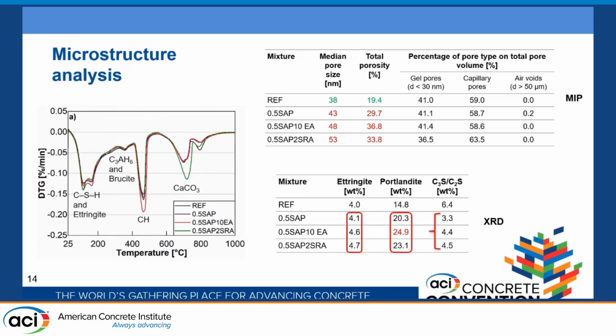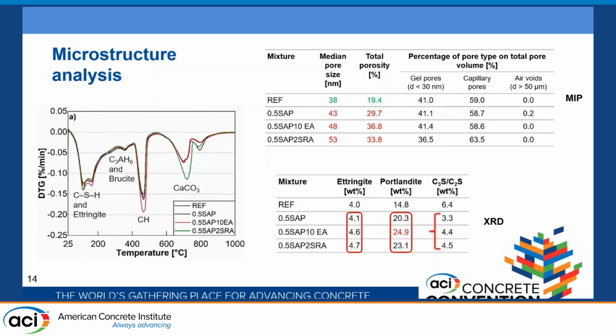Microstructural analysis is shown, and as you see for the TGA, I got the highest peak for portlandite for the half SAP 10 EA mixture, which again is representative of a high amount of portlandite due to the water supply and expansive agent hydration.